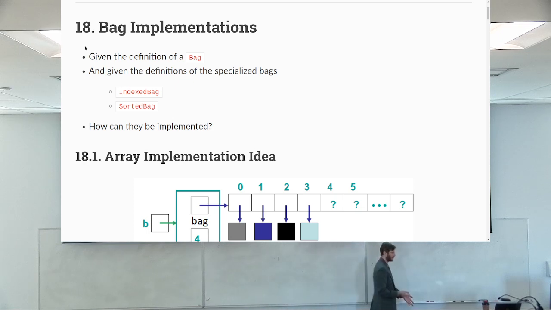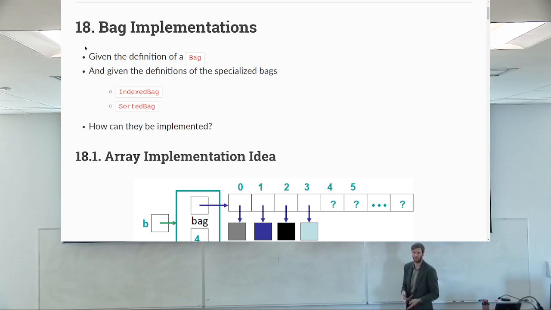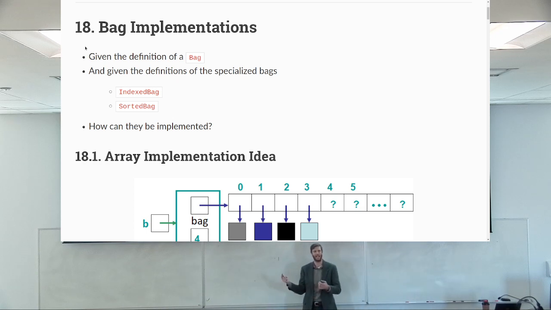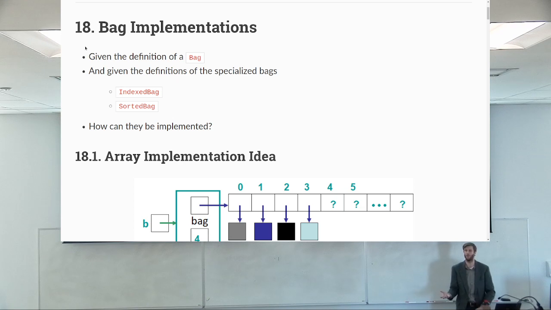Otherwise, how would you do it? But we also included specific methods that we would care about for a sorted bag, like give me the first, give me the minimum, give me the maximum. And similarly with an indexed bag, we had specific functionality we would want for our indexed bag implementations on top of what we got for free from the bag, because both the sorted bag and the indexed bag inherited from the bag.